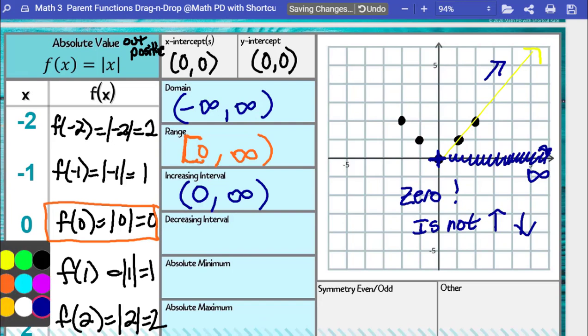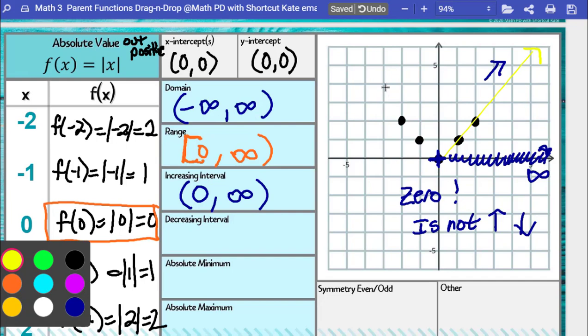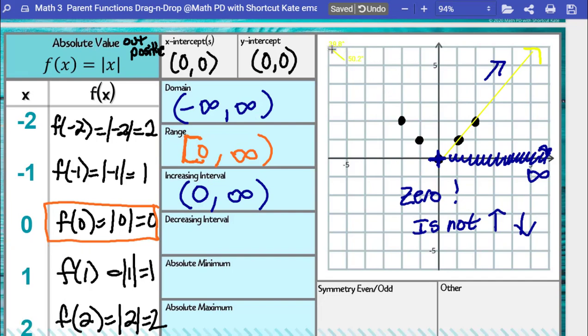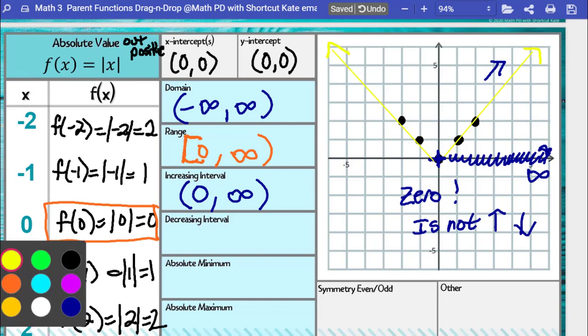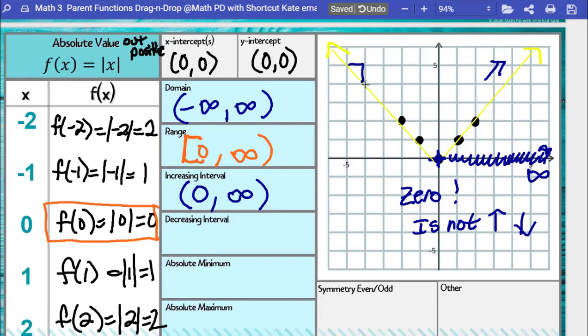Now, likewise, we're going to do the other side. So the other side is going to be decreasing, and that's the slope idea again. If you were to draw those slope triangles again, these slopes would all be negative going down, which creates the function decreasing. So it's decreasing on that interval.